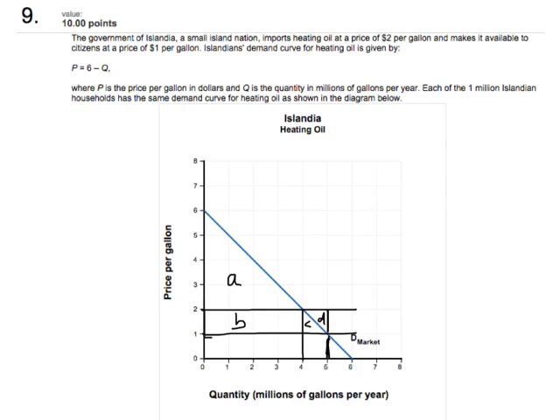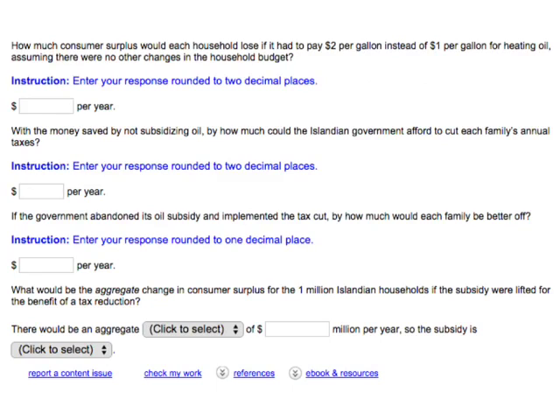Remember area BC was the lost consumer surplus if we ditch the subsidy, but area BCD, that bigger rectangle, is the tax cut that people can get if they ditch this subsidy program. So how much consumer surplus would each household lose if it had to pay $2 a gallon instead of $1 per gallon?